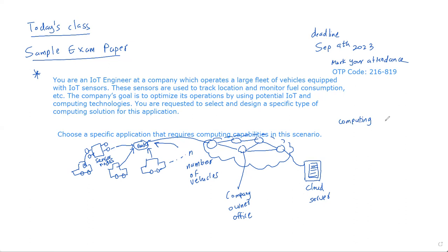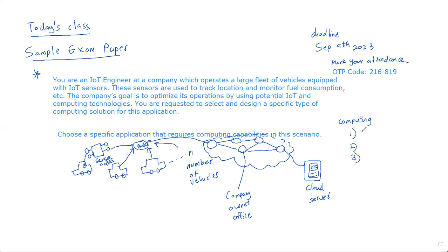there are mainly three computing solutions that we discussed in the lecture, right? Can you remember those three types of computing? Can you let me know? Fog computing, cloud computing, and edge computing.